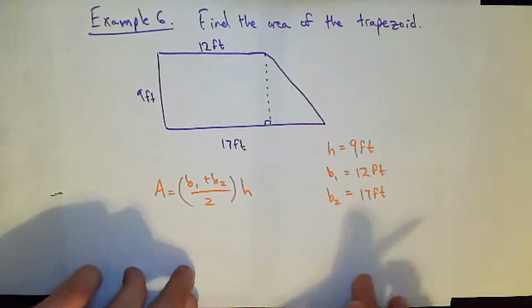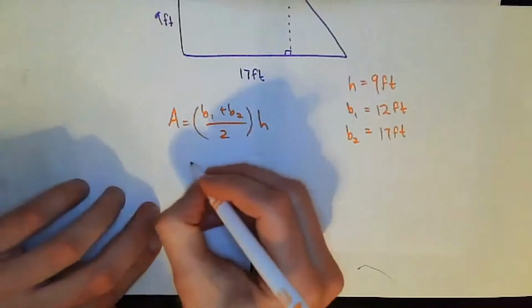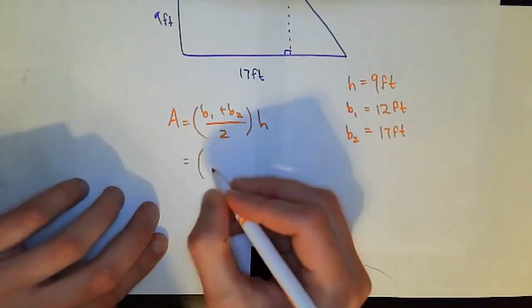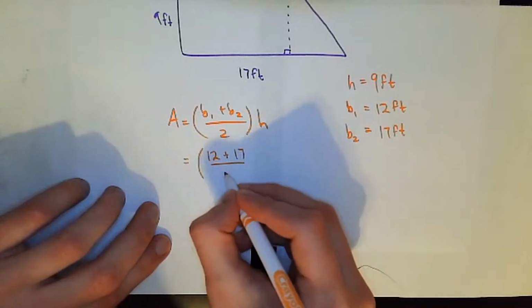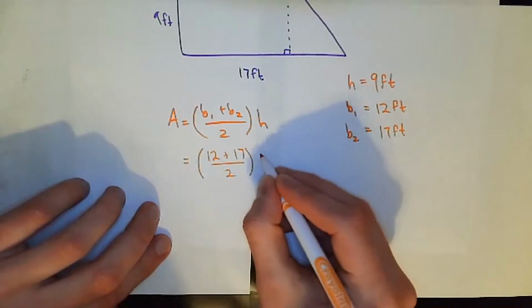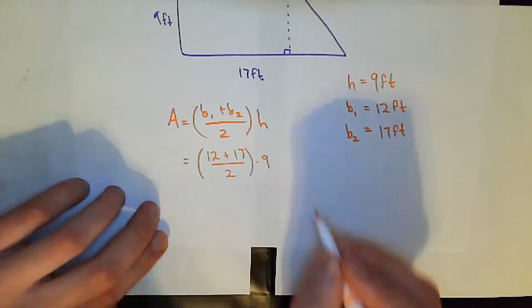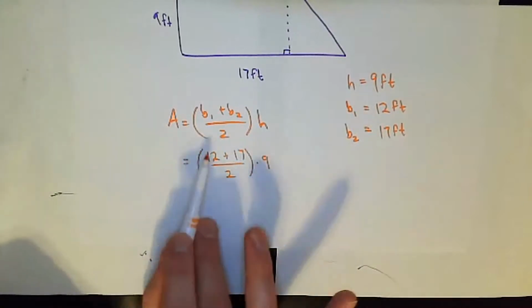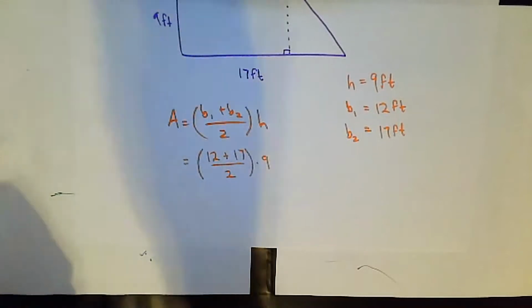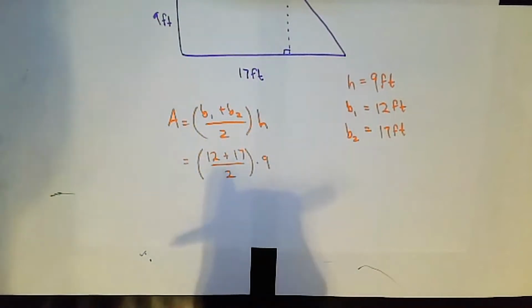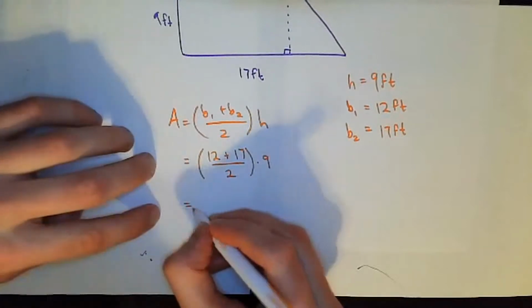And I'm going to plug that into my formula. So 12 plus 17 all over 2 times 9. Order of operations tells me to do this first, right? So 12 plus 17. That's okay, I'm going to get a fraction.